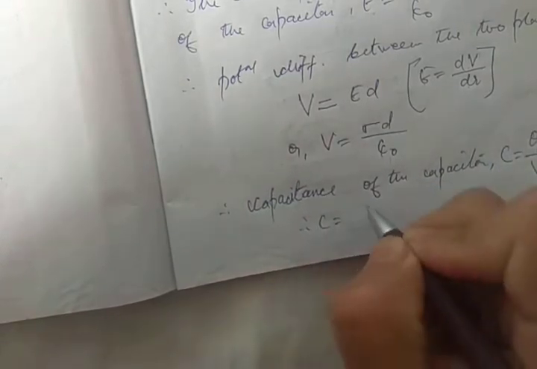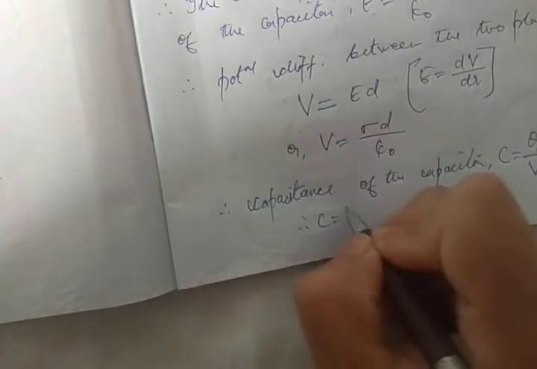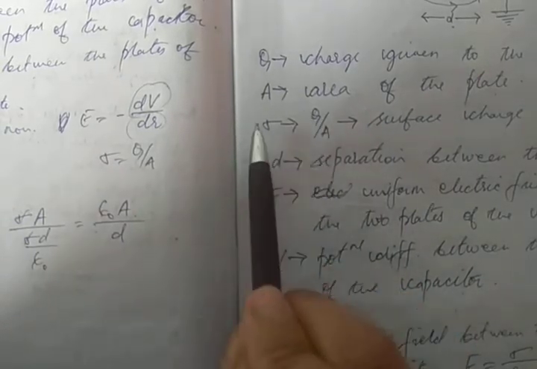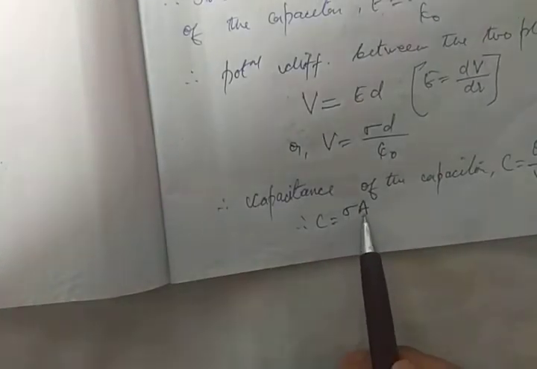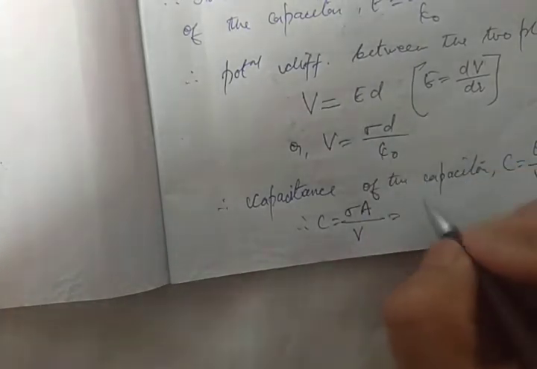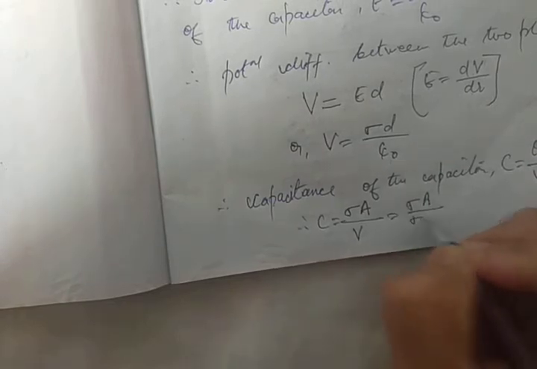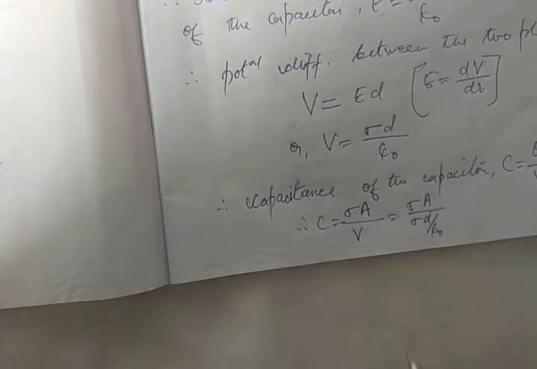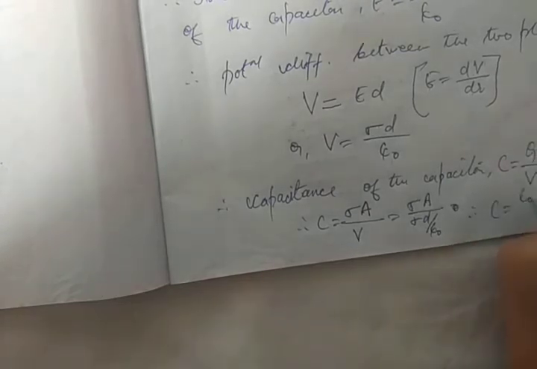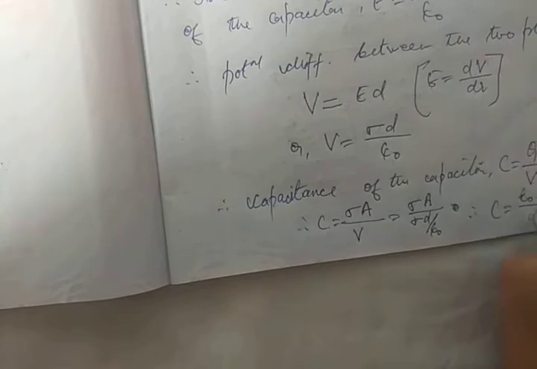I can write the charge to be sigma into A, because from the definition of surface charge density, sigma is Q upon A, so Q can be written as sigma into A. So C is sigma into A divided by V. Now V, as you know, is sigma D by epsilon naught, so C is sigma A by sigma D by epsilon naught. Sigma divides out, so what we basically get is the capacitance epsilon naught A divided by D.